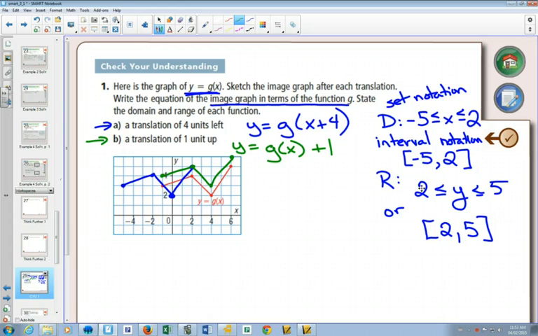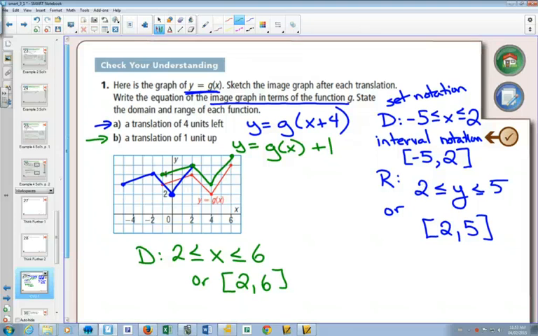For the green graph, the domain is, again, the smallest x value is 2. The largest x value is 6, or in set notation, that would be from 2 to 6.